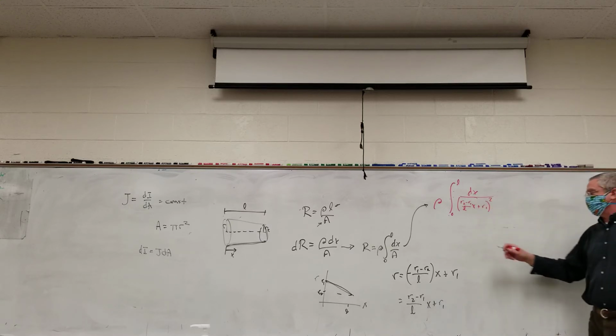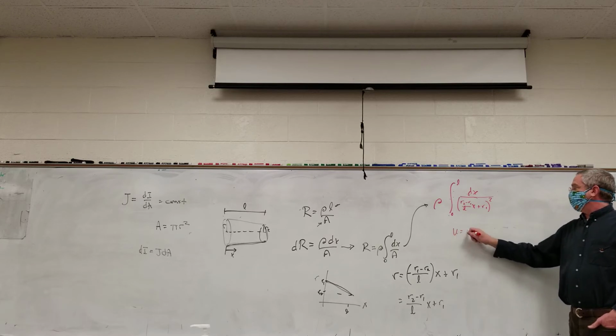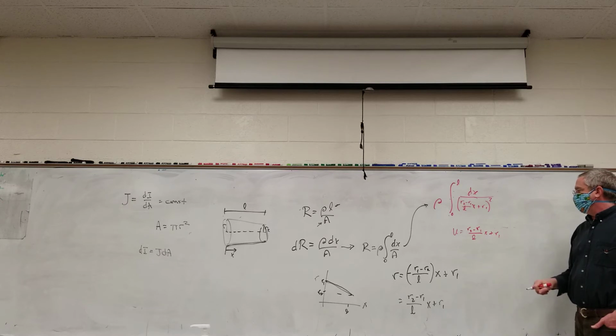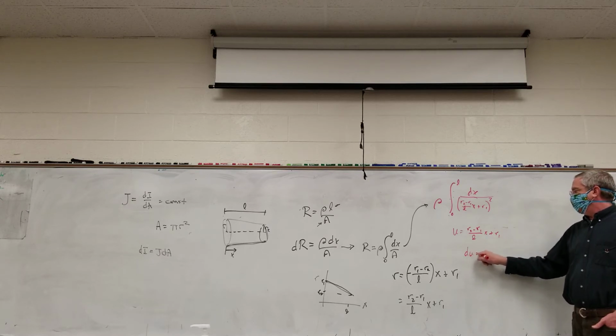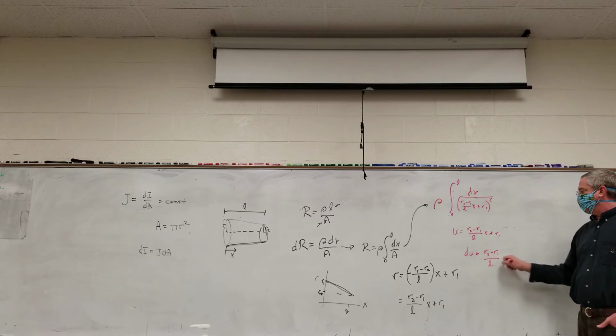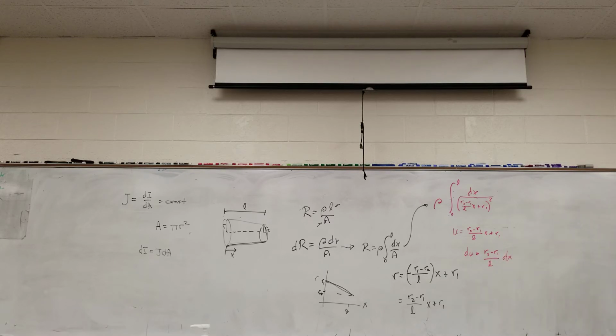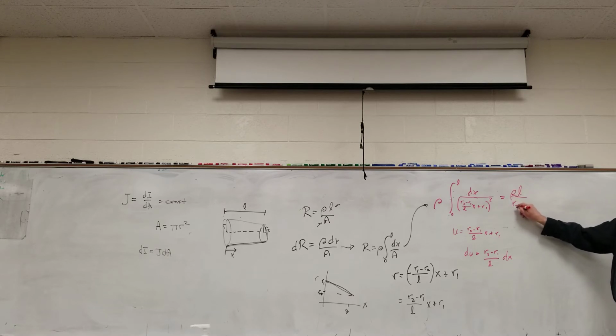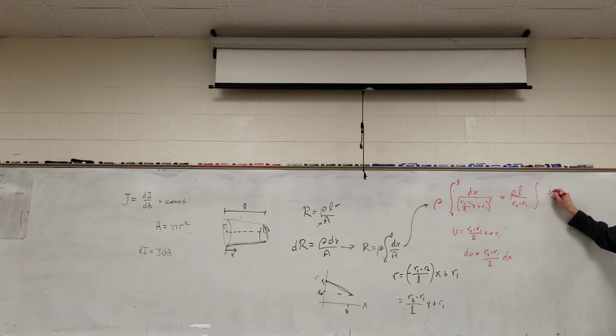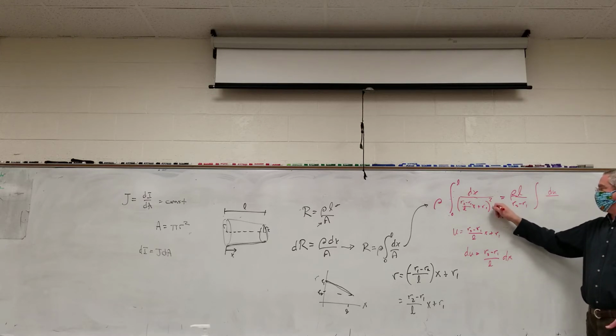Then we just do u substitution: u equals R2 minus R1 over L x plus R1, du equals R2 minus R1 over L dx. So we get rho L over R2 minus R1. I did lose a pi, thank you.